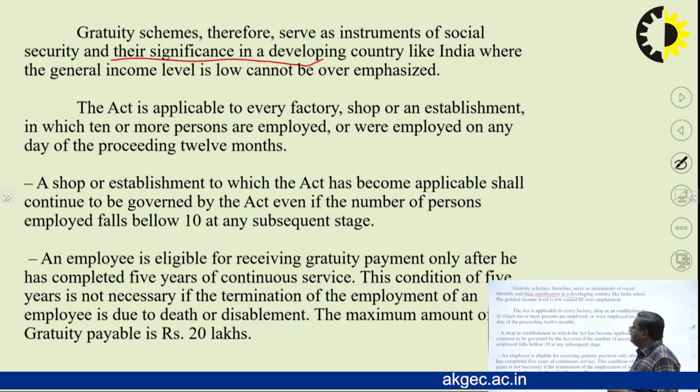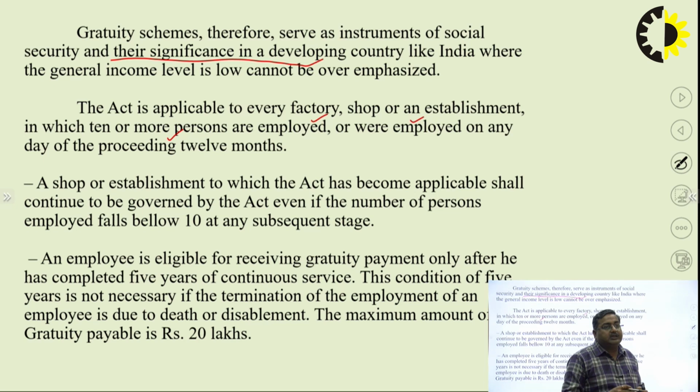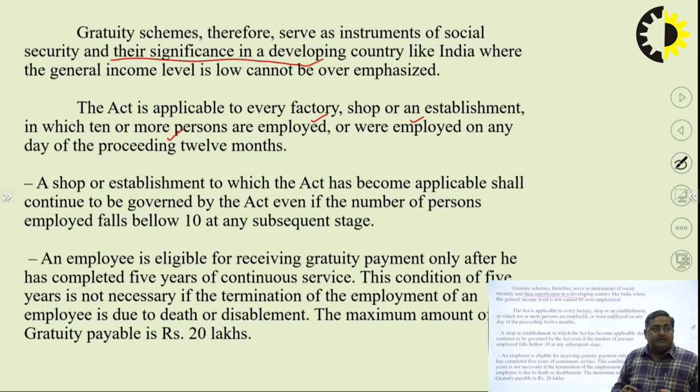The Act is applicable to every factory, shop, or establishment in which 10 or more persons are employed or were employed on any day of the preceding 12 months. A shop or establishment to which the Act has become applicable shall continue to be governed by the Act even if the number of persons employed falls below 10 at any subsequent stage.